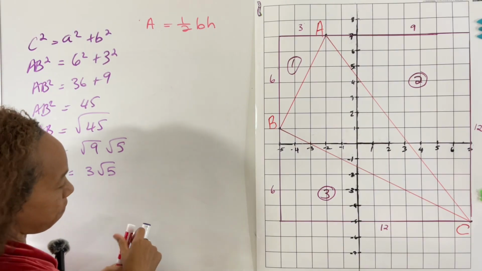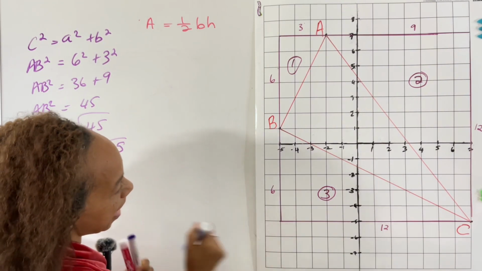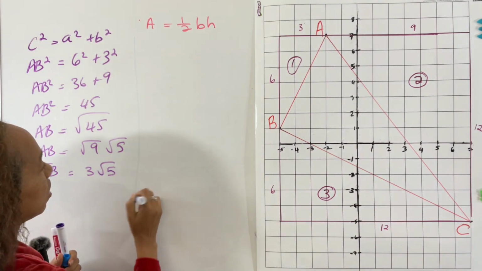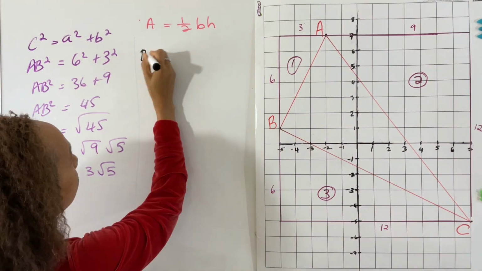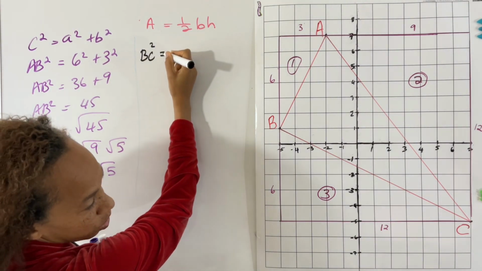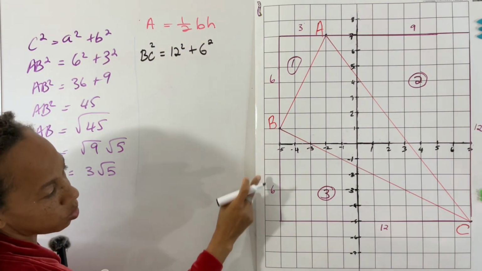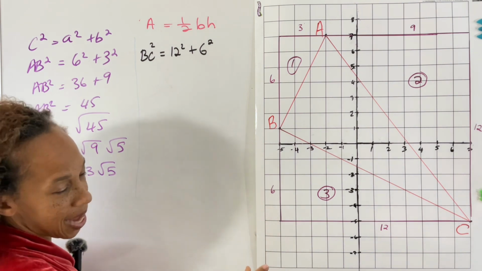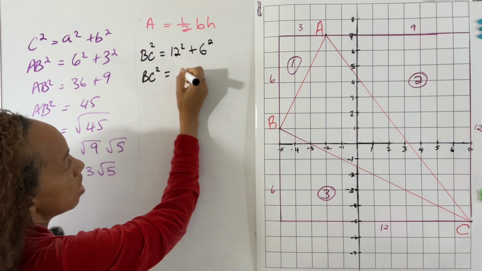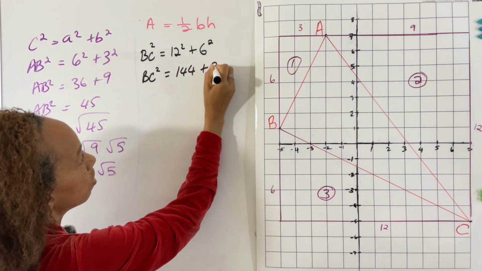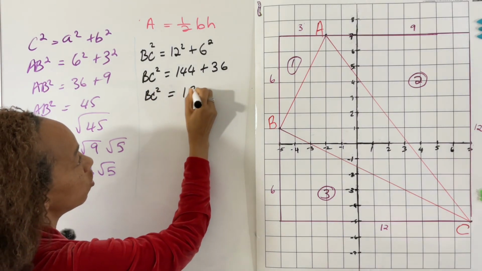So the next step is to find the length of BC. In order to find the length of BC, we are still going to use the Pythagorean theorem formula, and BC squared is equal to 12 squared plus 6 squared. It doesn't matter which one you put first. They're both the legs, so it doesn't matter in this case, okay? So BC squared is equal to 144 plus 36, and BC squared is equal to 180.